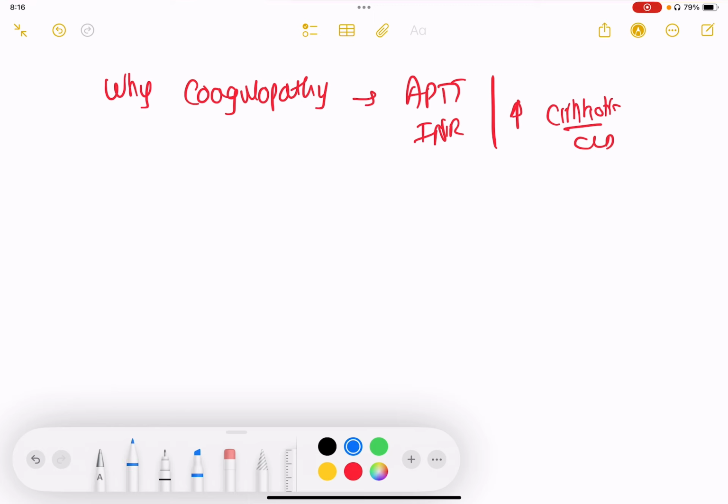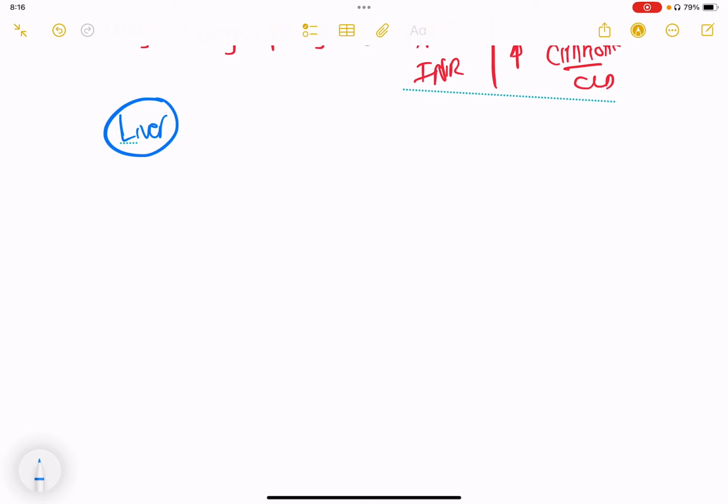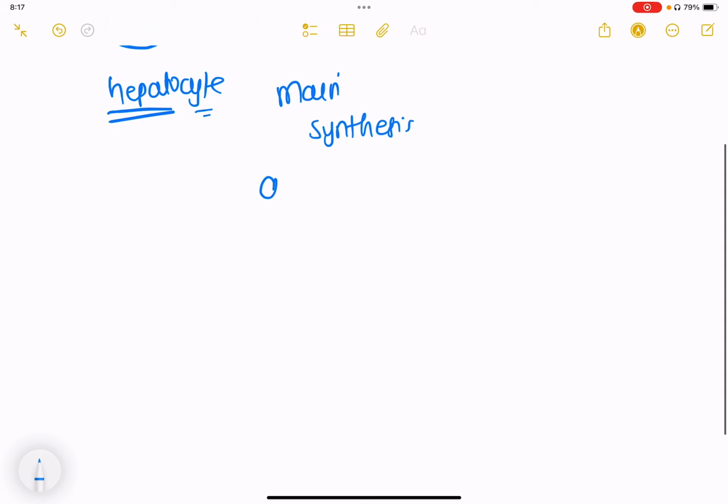Now we must understand one thing: the liver is the production house of our body, and the hepatocyte, which is the basic cell of the liver (hepat means liver), is the main site to synthesize and produce all the coagulation factors.